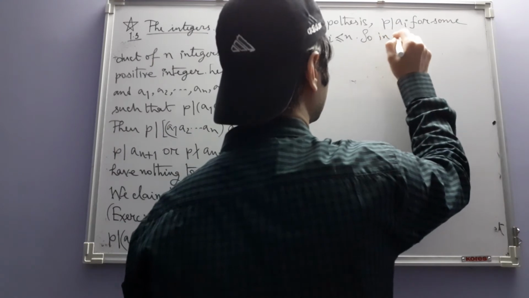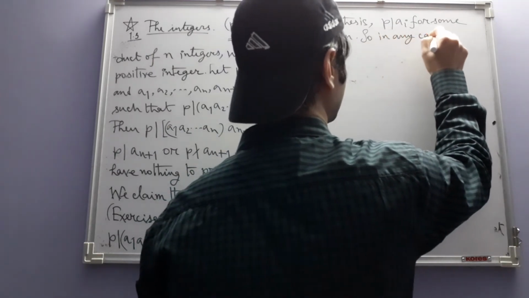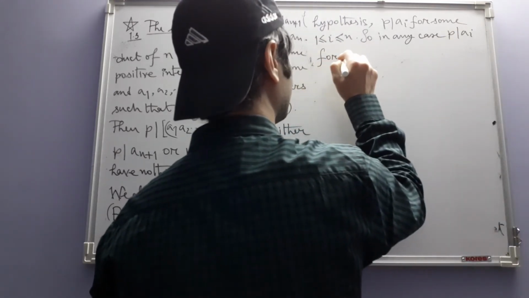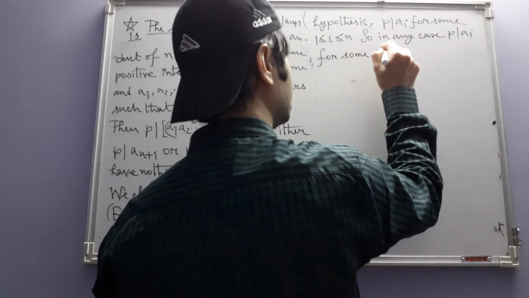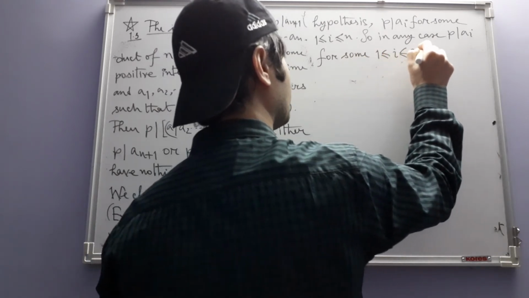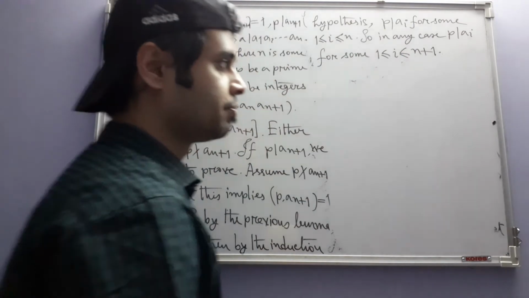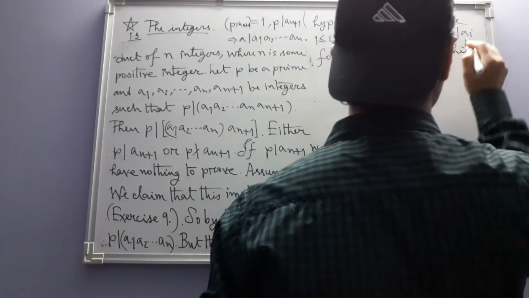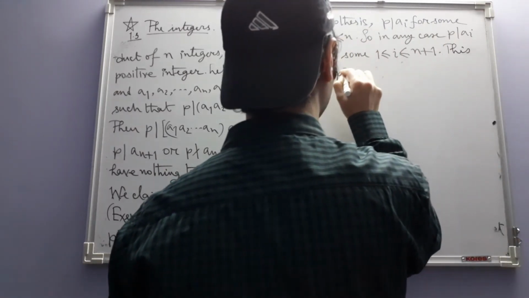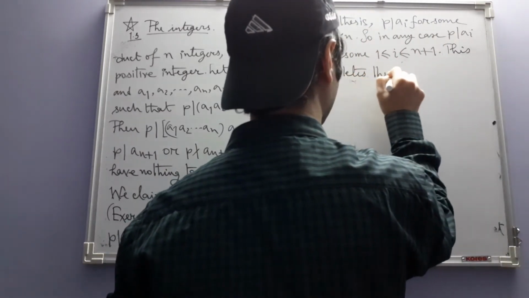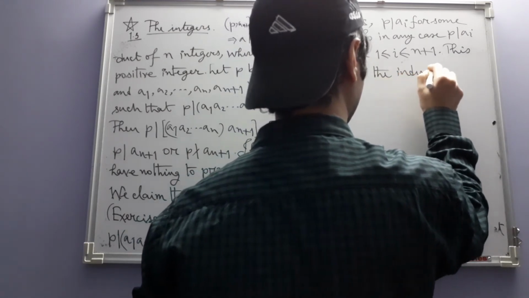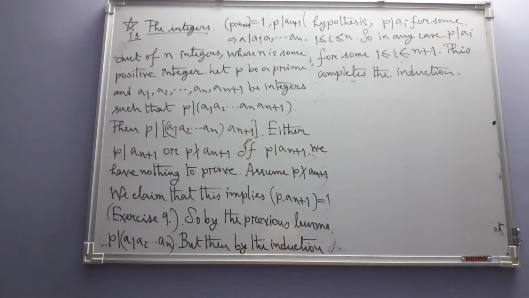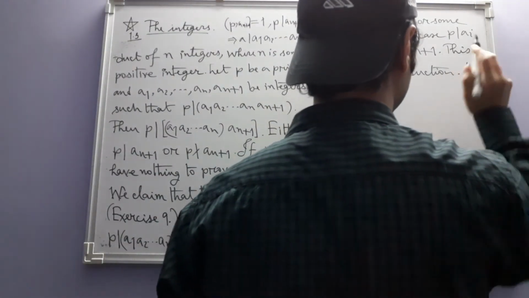So in any case, P divides AI for some I lying between 1 and n plus 1. So this completes the induction and proves the corollary.